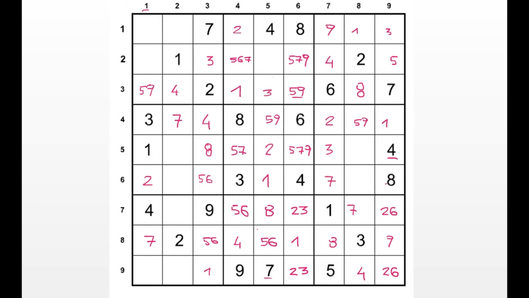For row number 1, there are 2 missing numbers, and these numbers will be 5 and 6. If there is a number 5 or 6 here in these two cells, here cannot be number 5, here will be number 9, and the remaining number will be number 8.